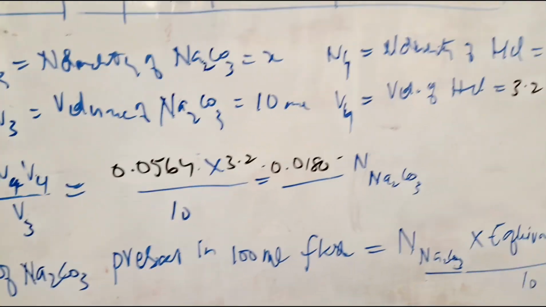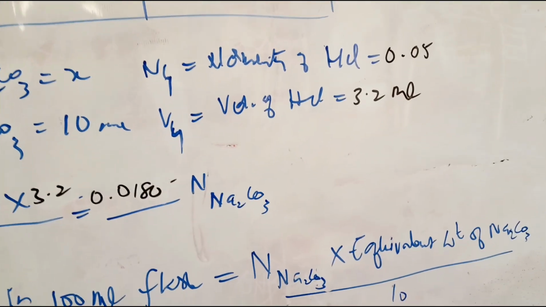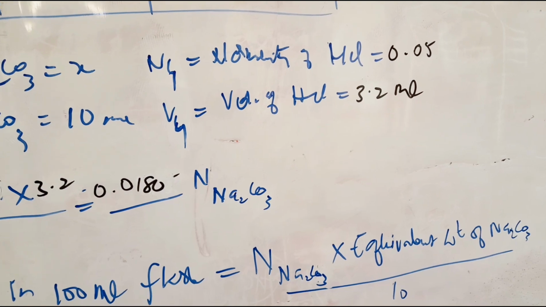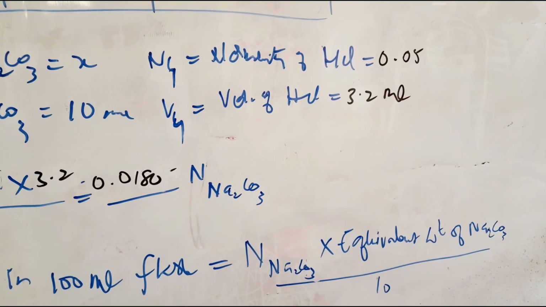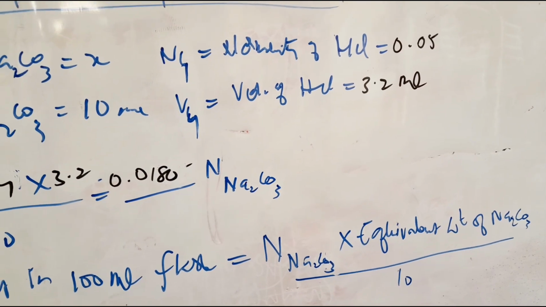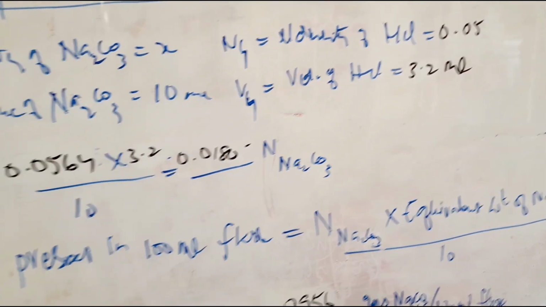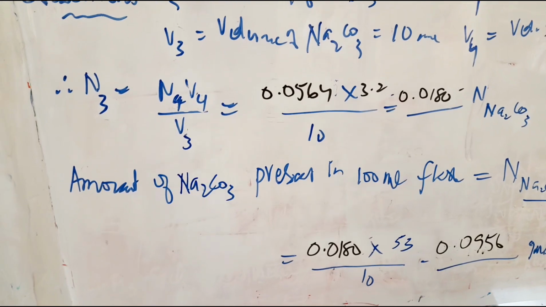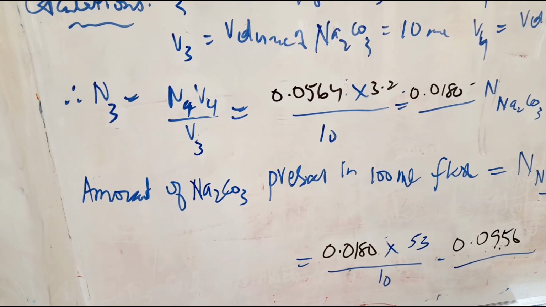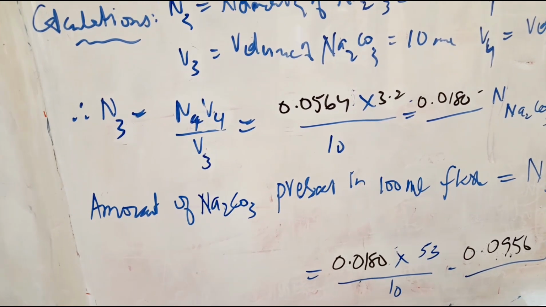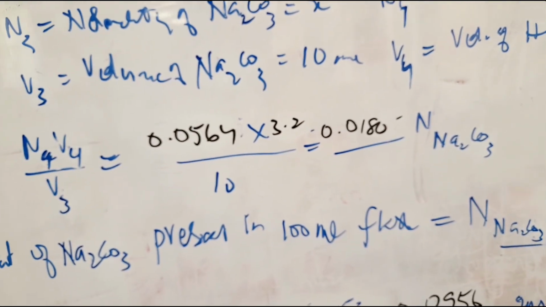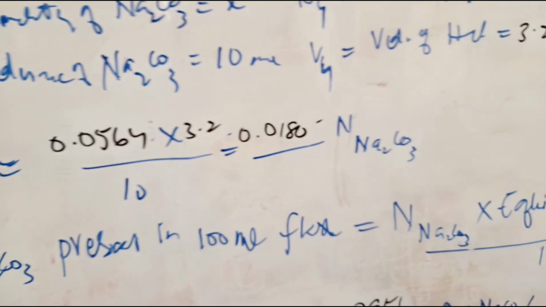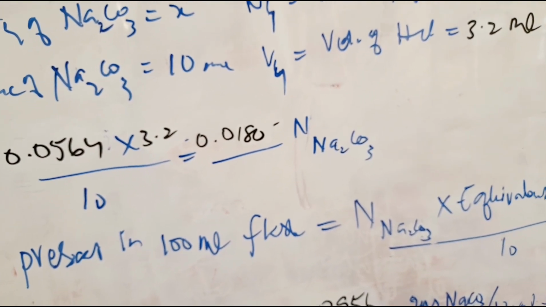N4 is the normality of HCl, 0.0564, and the volume of HCl V4 is 3.2 ml. So now the calculation: N3, the normality of sodium carbonate, equals N4V4 by V3, that is 0.0564 into 3.2 by 10, which equals 0.0180, the normality of sodium carbonate.